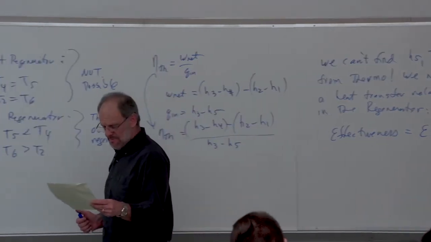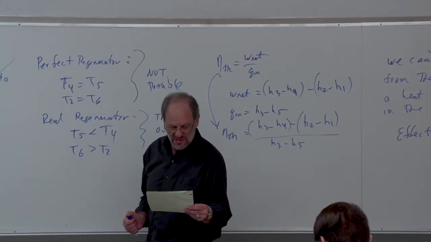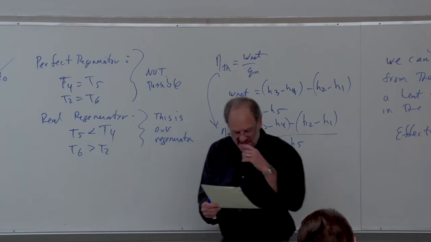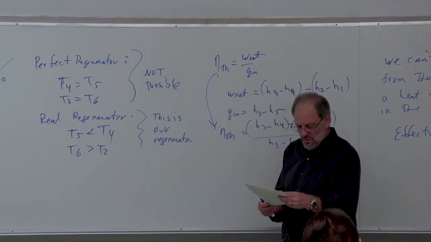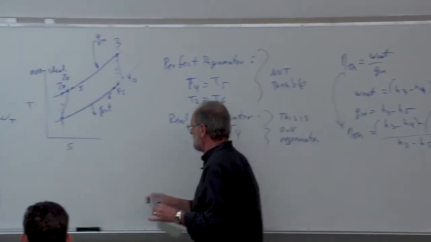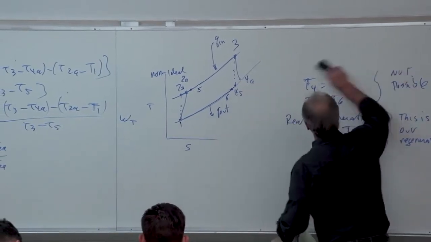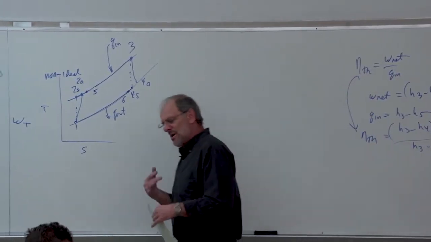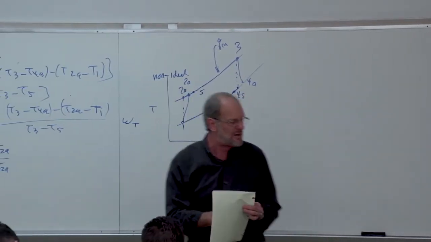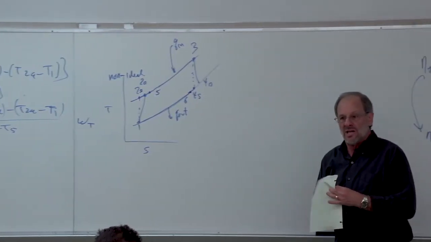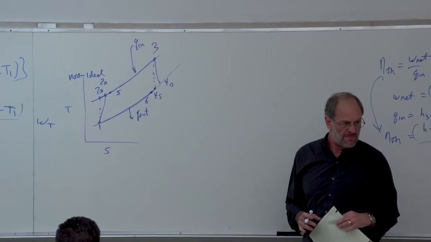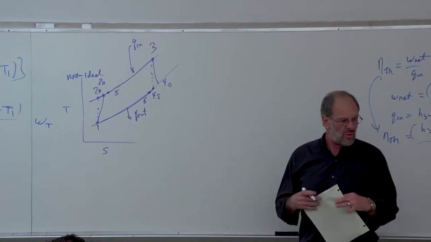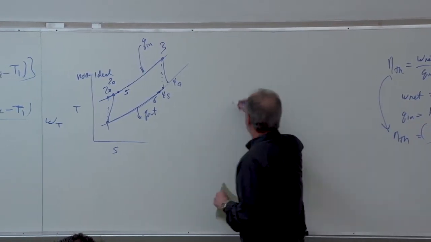And actually, one thing I should note before I even go through the example problem. In your textbook, there's an equation for the thermodynamic efficiency of a Brayton cycle with a regenerator. But in my opinion, the author doesn't make it real clear that that only applies if we have a perfect regenerator, and it only applies for the situation where we have constant specific heats.